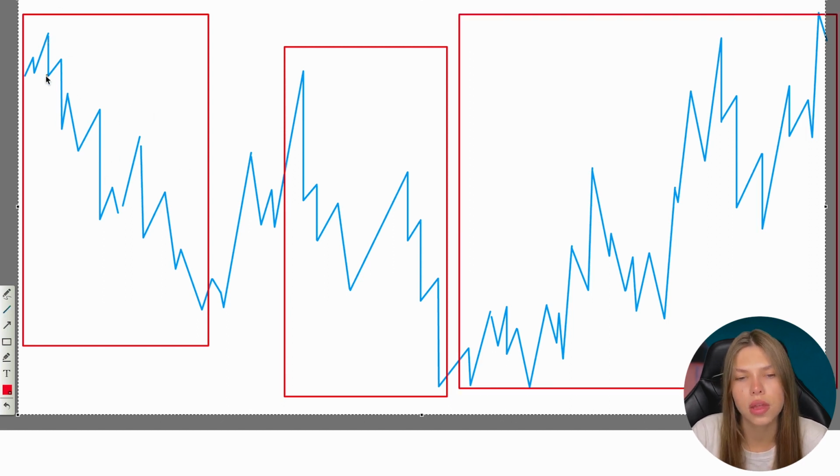To make sure that it is a downward trend, our lows should be updated: here is our previous minimum. Then the next minimum below the previous one has been updated, the next below is updated, and the next below is updated. The trend is updated with every minimum below the previous one. Accordingly, we have a downward trend here.